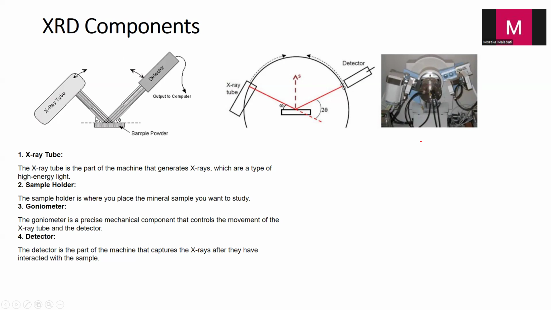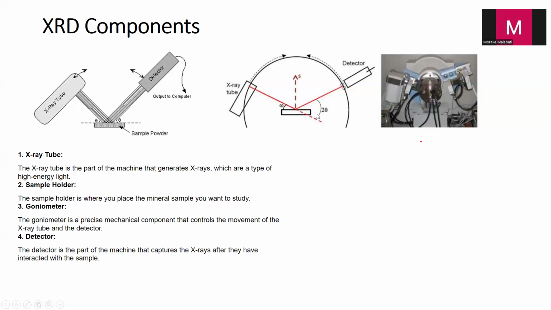At the same time, the X-ray detector, which is attached to an arm, moves to catch the X-rays that have bounced off the sample. The aim of the detector is to always catch the X-rays that bounce off the sample. So this detector rotates at an angle of 2 theta.